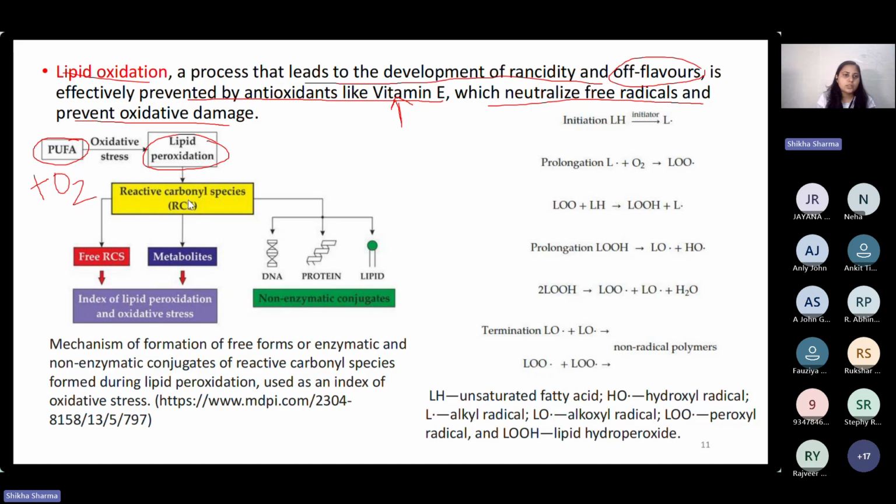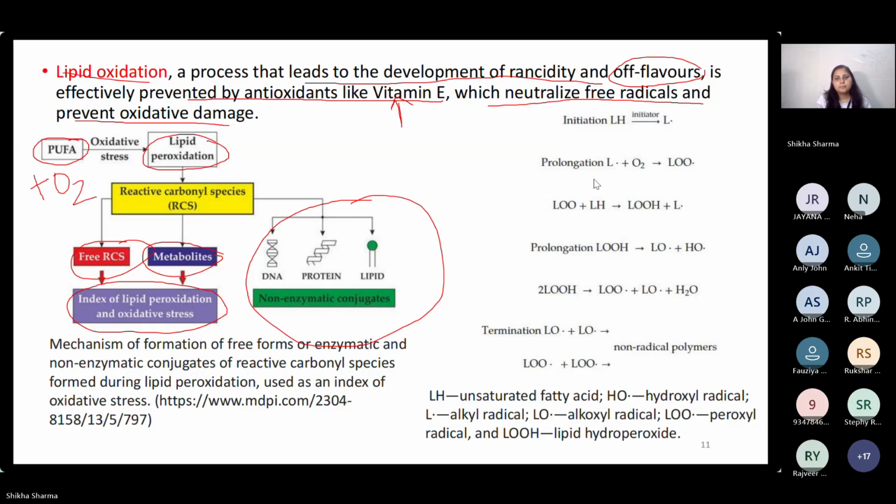Basically, if it reacts with reactive carbonyl species, we can get some reactive carbonyl species metabolites, which we can detect or analyze. If we are getting this kind of products, that means lipid oxidation is taking place. Also there may be some non-enzymatic conjugates formed during the lipid oxidation.